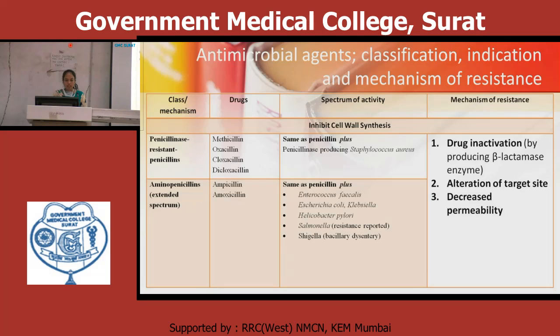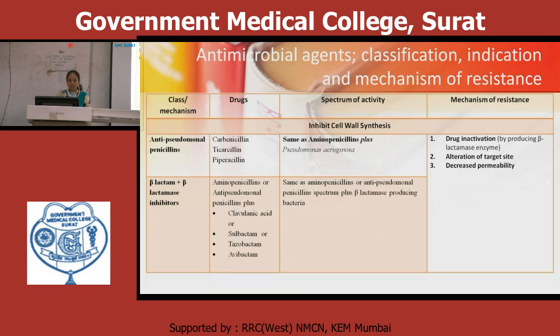Aminopenicillins, extended spectrum, they are the ampicillin and amoxicillin. Spectrum of activity is same as penicillin plus Enterococcus faecalis, Escherichia coli, Klebsiella, H. pylori, Salmonella and Shigella. Mechanism of resistance is same as penicillinase resistant penicillins.